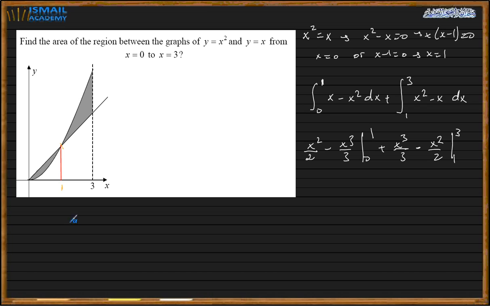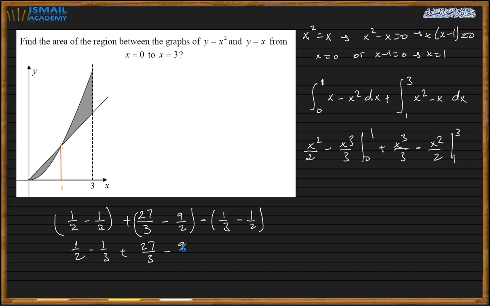So it's going to be just half minus a third, and the 0 we are going to ignore because minus 0 makes no change. Here we have 27 over 3 minus 9 over 2 minus 1 over 3 minus half. If I take off the parentheses, it's going to be half minus 1/3 plus 27 over 3 minus 9 half minus 1/3 plus half.